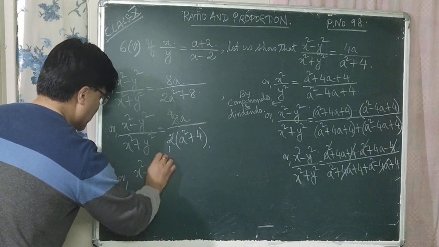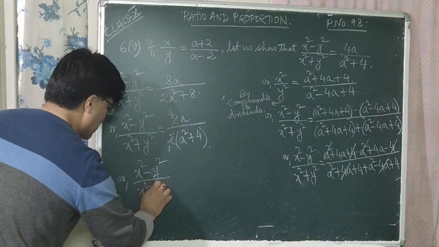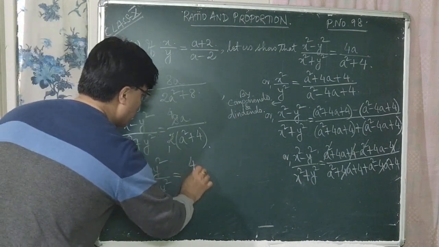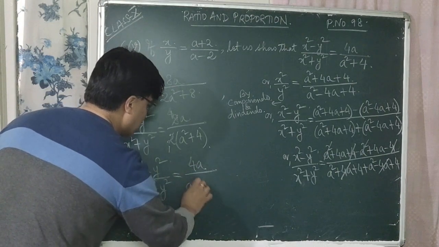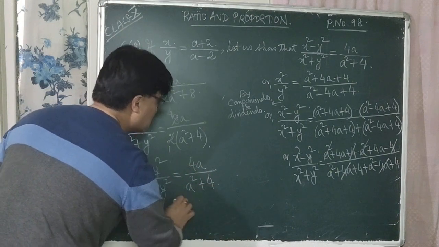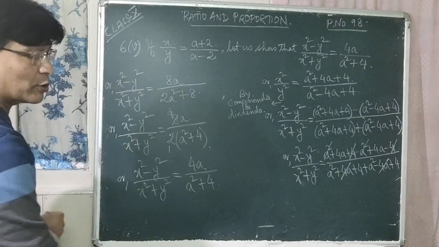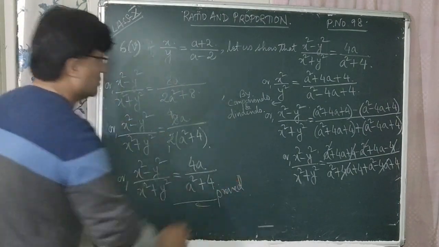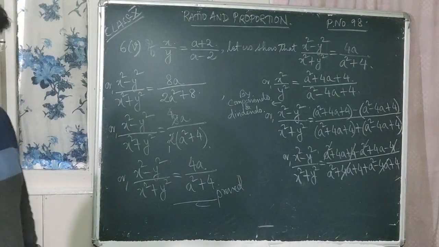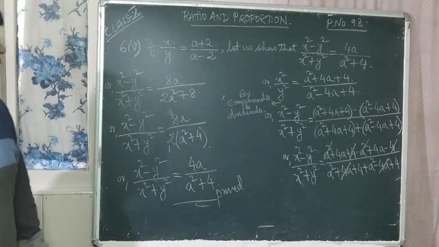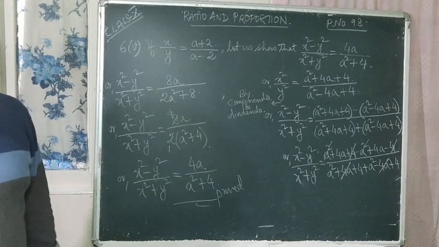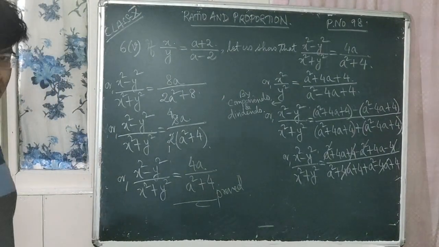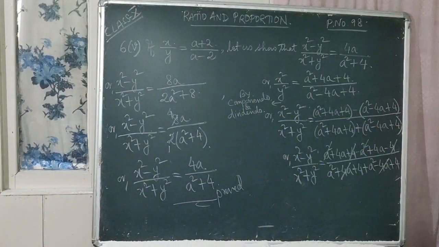So it is x square minus y square upon x square plus y square is equal to 4a divided by a square plus 4. Is it proved? So we have proved the required result. Okay, so it is proved. So in this case we have used componendo and dividendo to prove this, that is 5 over number 6. Okay, so let's do the next question now.